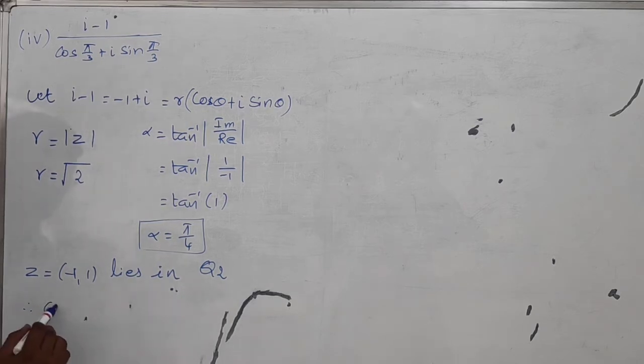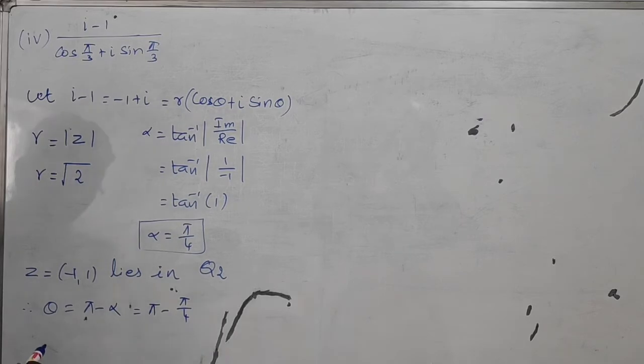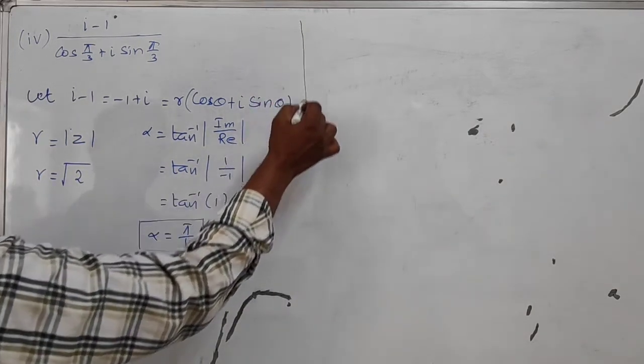Therefore, theta is equal to pi minus alpha. Pi minus alpha is pi by 4. Therefore, theta is equal to 3 pi by 4.